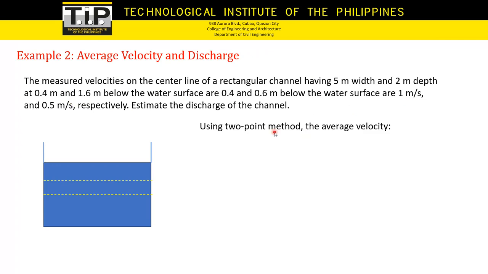This method is called the two-point method. In the two-point method, we identify 2 points below the water surface and then find the average velocity of those 2 points. For instance, this is the cross-section of our channel, and this is its width, 5 meters, and its whole depth is 2 meters.